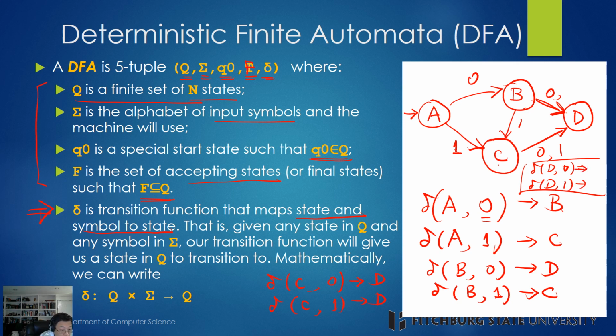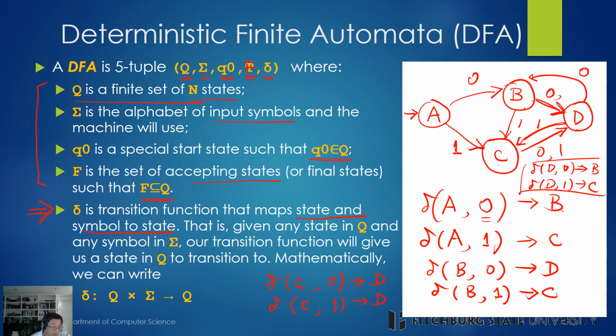If it's 0, we map back to B. If it's 1, we map back to C. So if the current state is D and the value is 0, we map back to B; if the value is 1, we map back to C. Now that's a complete definition of the transition function, right?